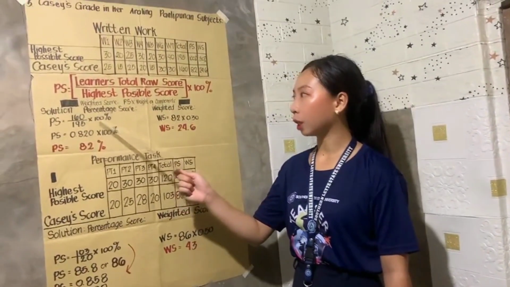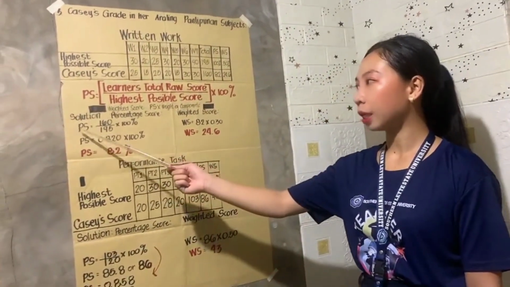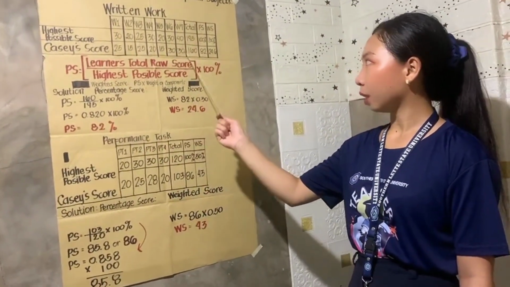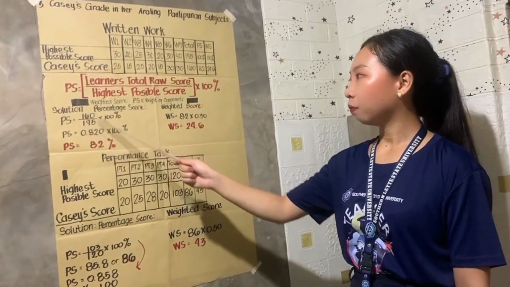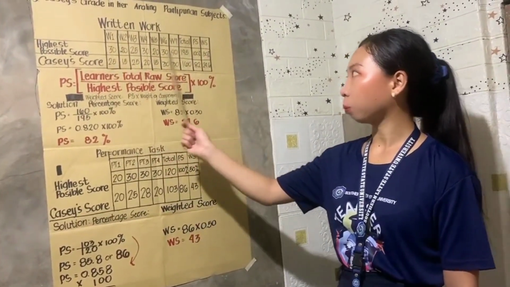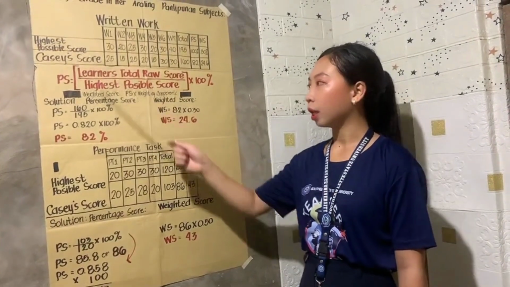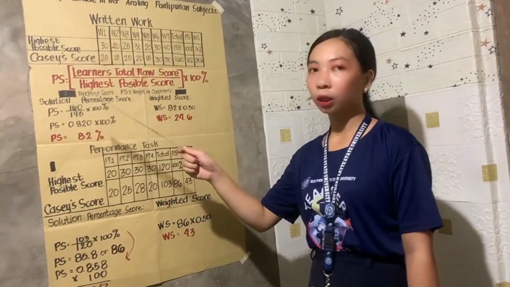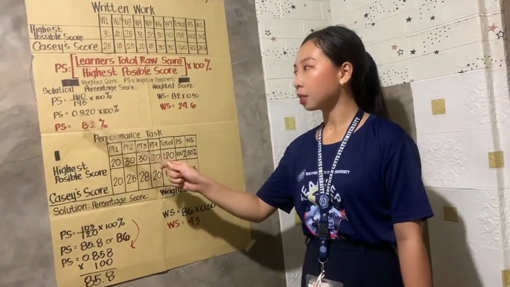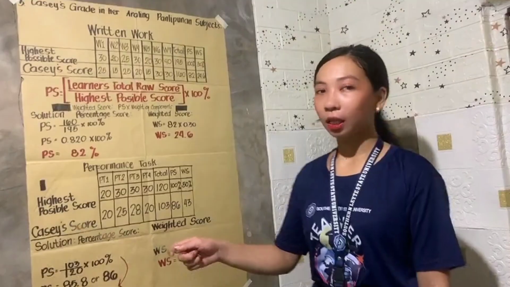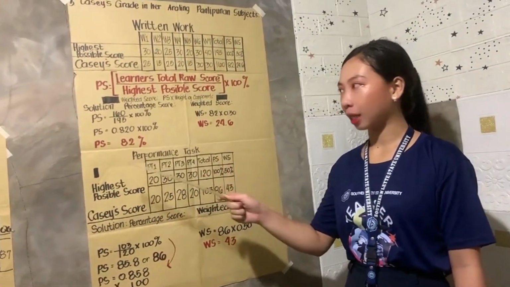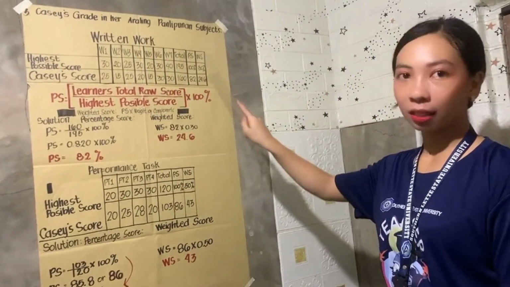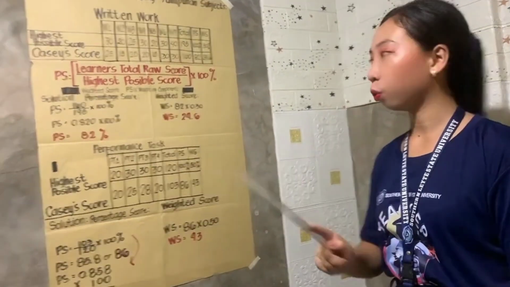So the solution in getting the percentage score: 160, which is the score of Cassie, divided by 195, which is the highest possible score. That would be 0.820, and we're going to multiply it by 100. So Cassie got 82%.